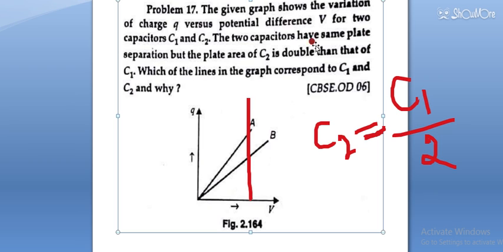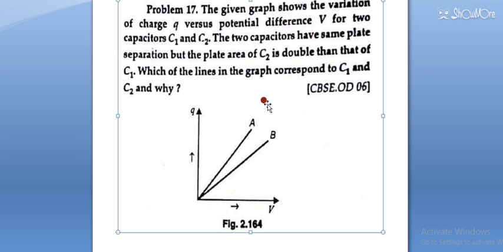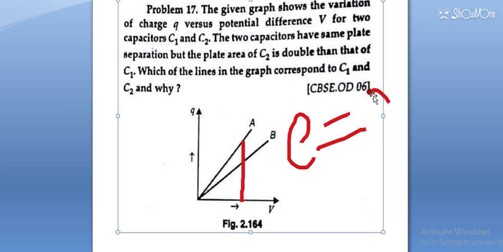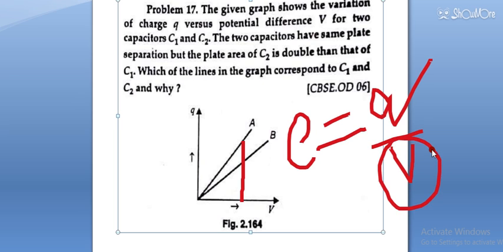Let's take voltage constant. If I take the voltage constant, then capacitance is equal to Q by V, so capacitance is directly proportional to Q.